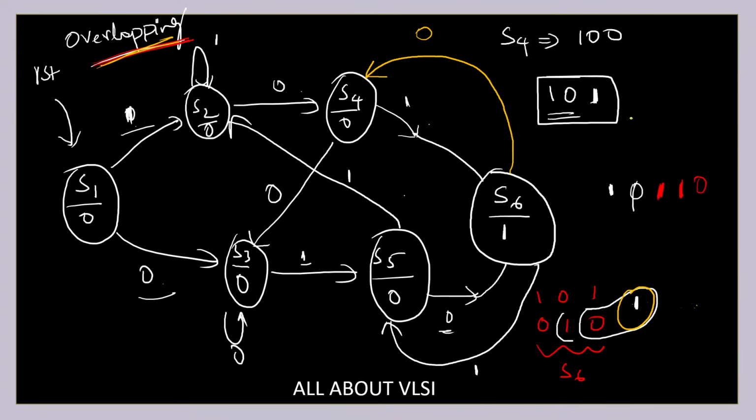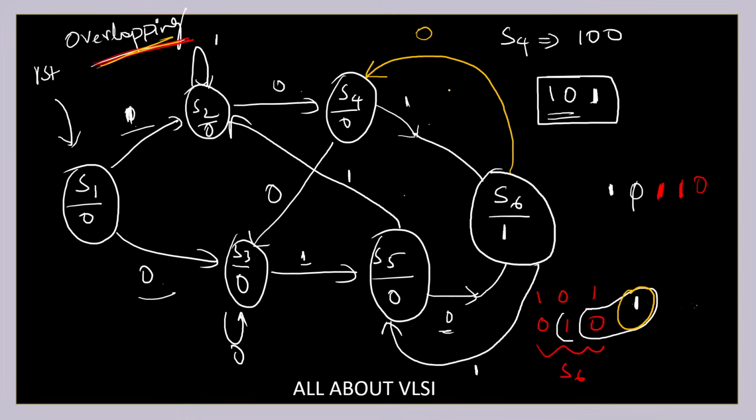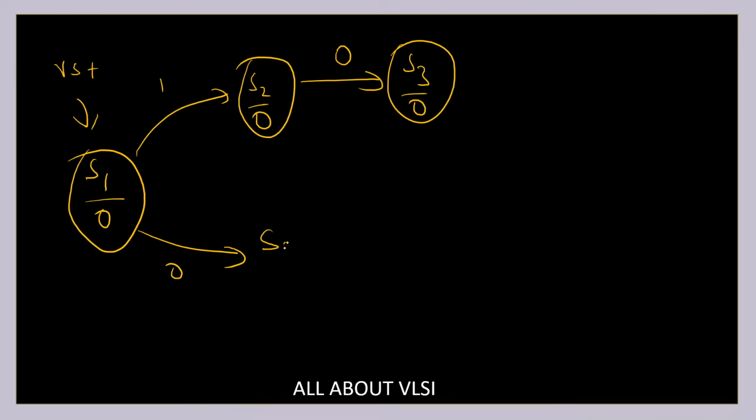Let me redraw it again. So reset, S1, my output is equal to 0. I cannot erase it. That's the reason. S2 output is 0. S4 output is equal to 0.